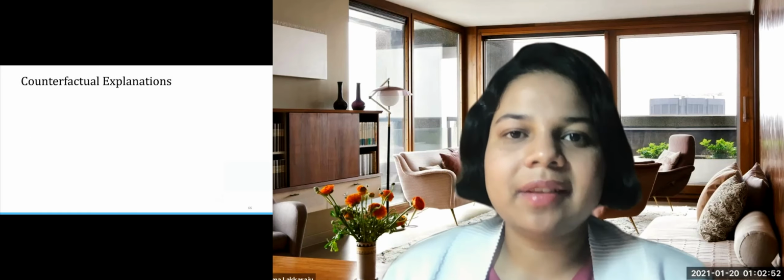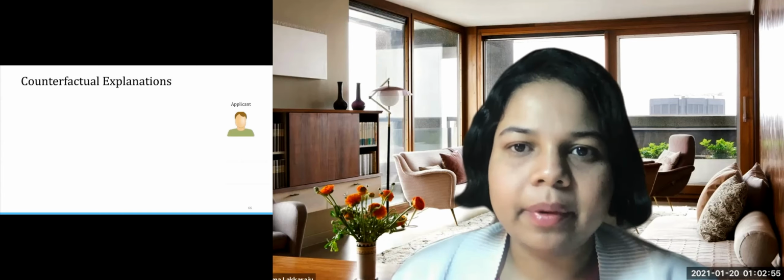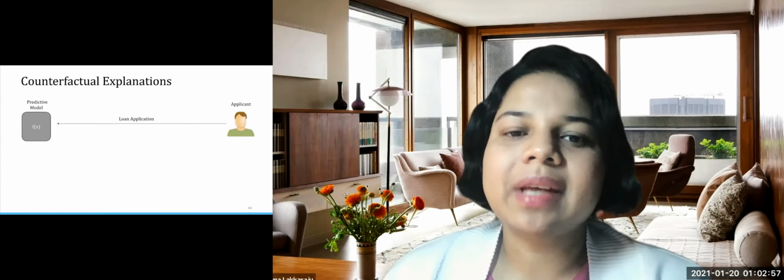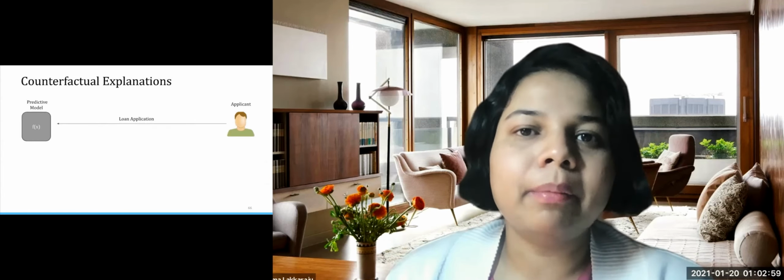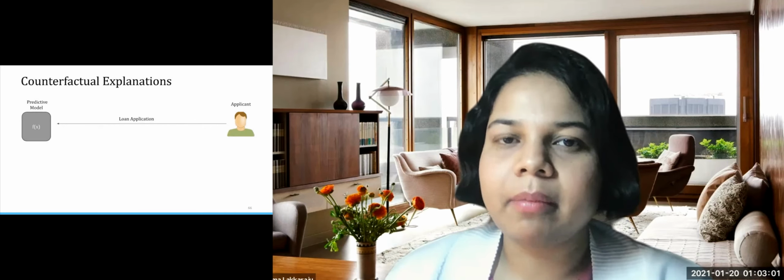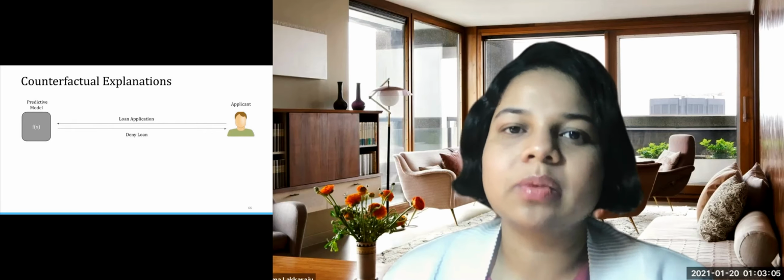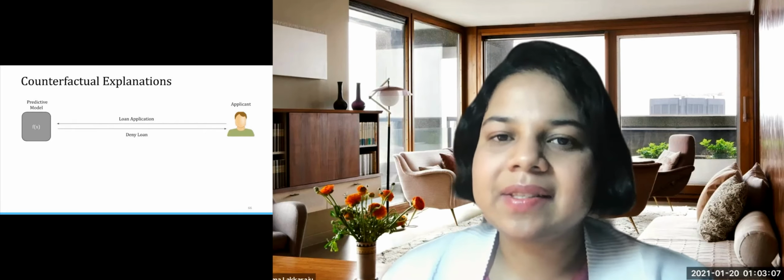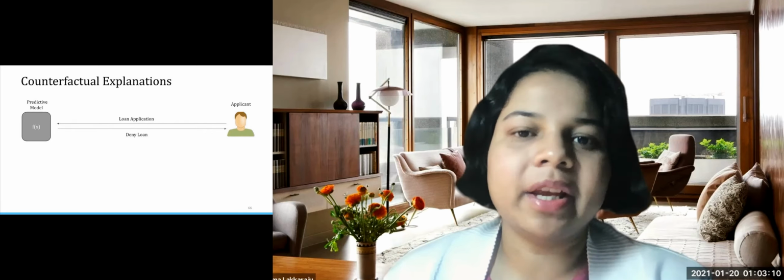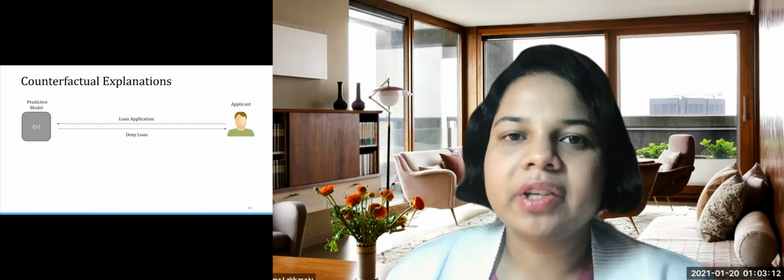To understand this, let's consider a concrete example where we have an applicant who is applying for a loan to a bank, and the bank in turn is using a predictive model denoted by f of x to decide which loan applications will be approved. In this case, let's say this particular applicant's loan application is rejected by the predictive model.